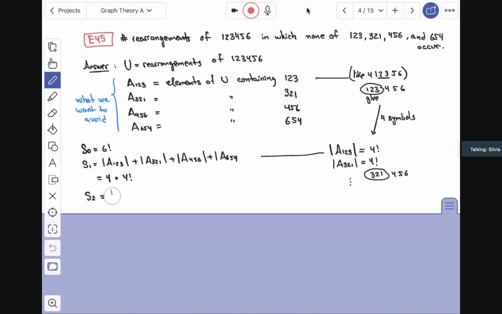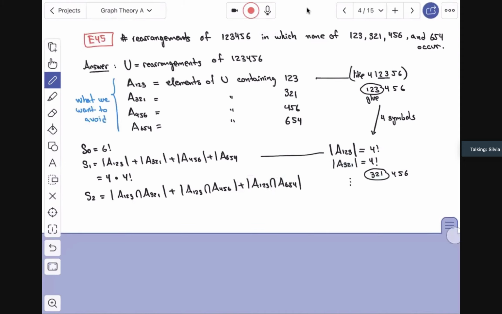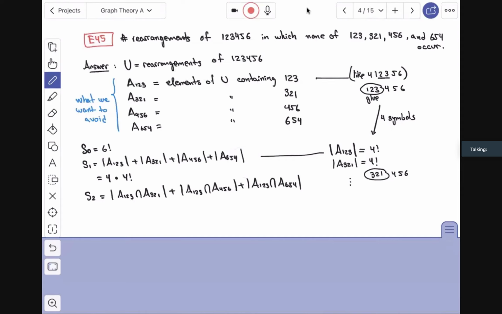Then I need the double intersections. A, 1, 2, 3, intersection A, 3, 2, 1, and all of them. A, 1, 2, 3, intersection A, 4, 5, 6, so I have 6 of them, right? 4 choose 2.